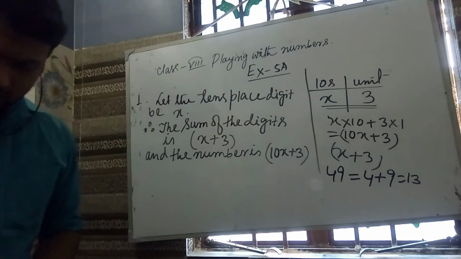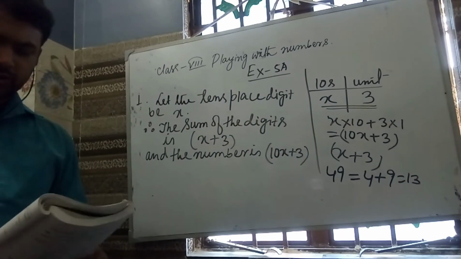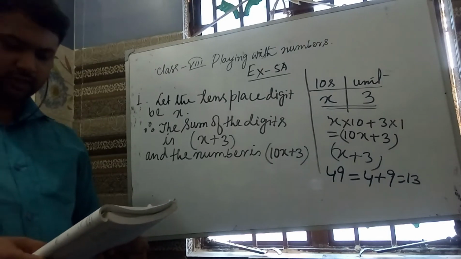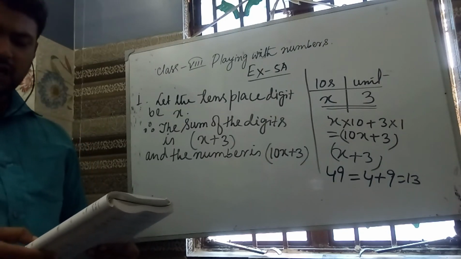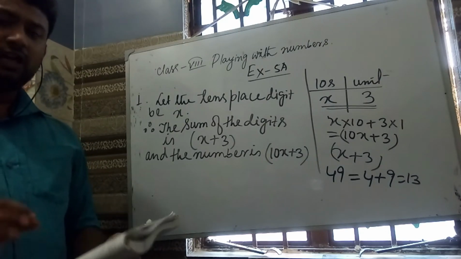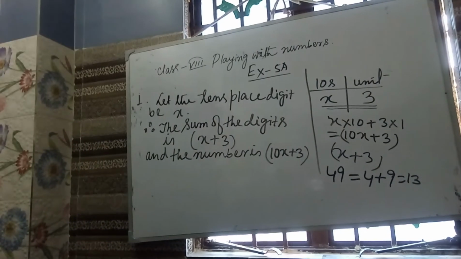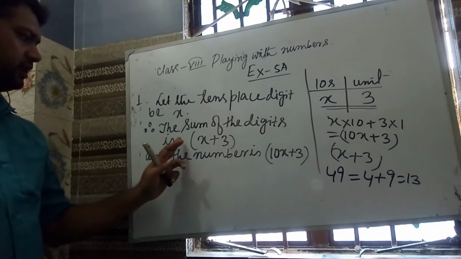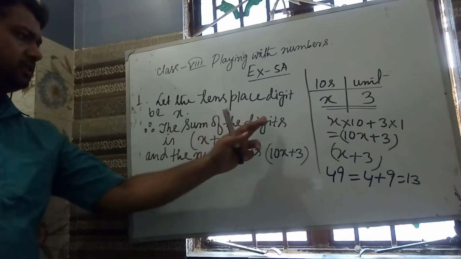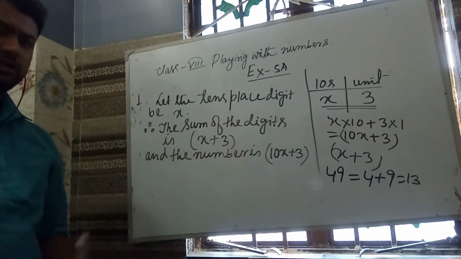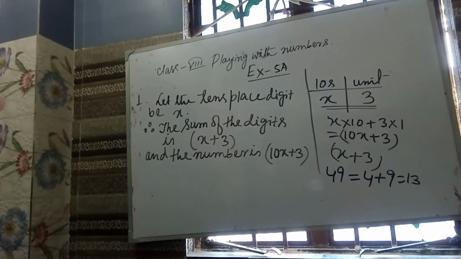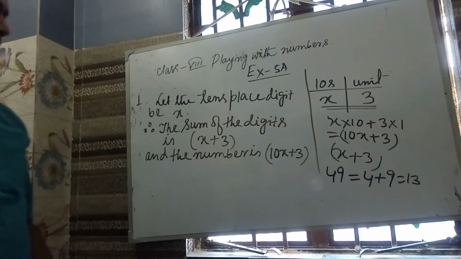Now read the second line. 7 times the sum of the digits is the number itself. 7 times the sum of the digits means 7 into x plus 3. That is 7x plus 21 is the number itself, that is 10x plus 3.